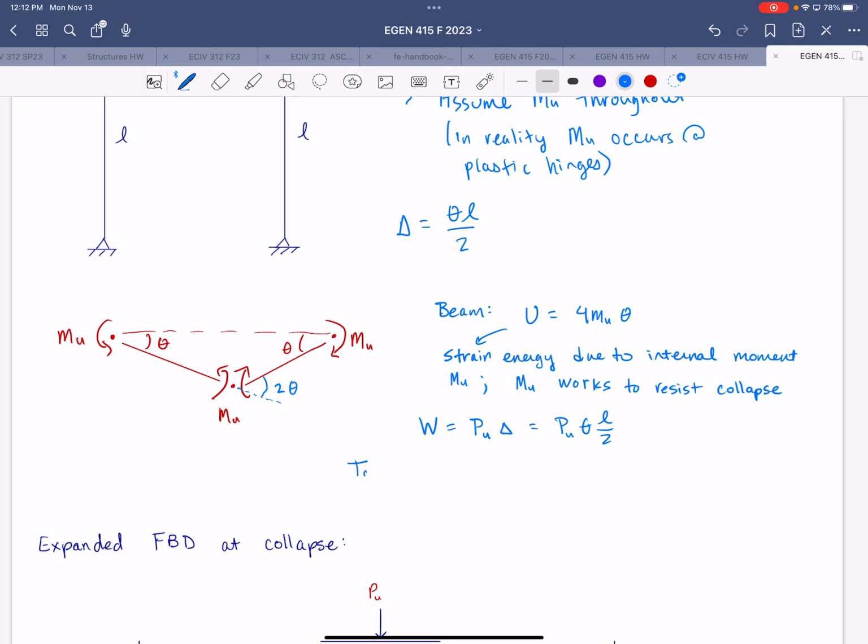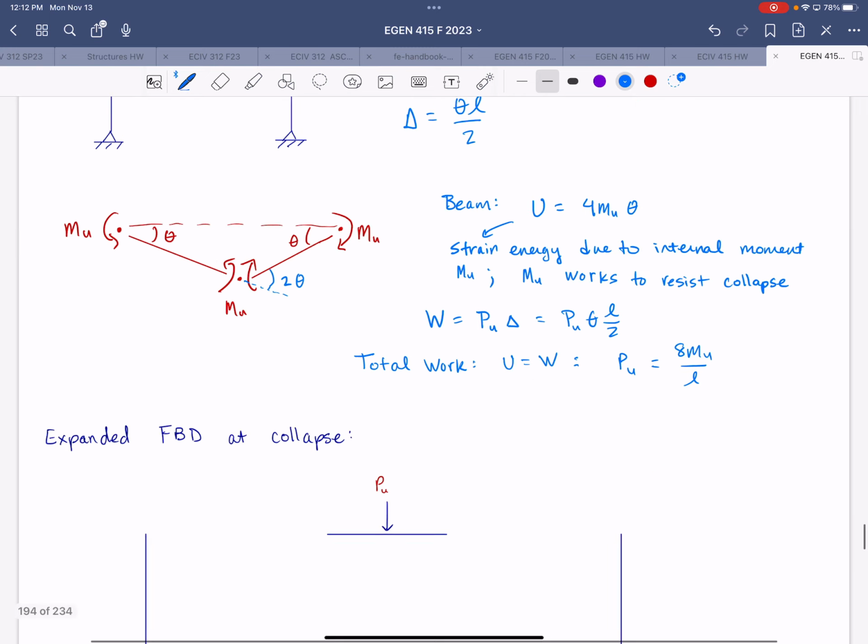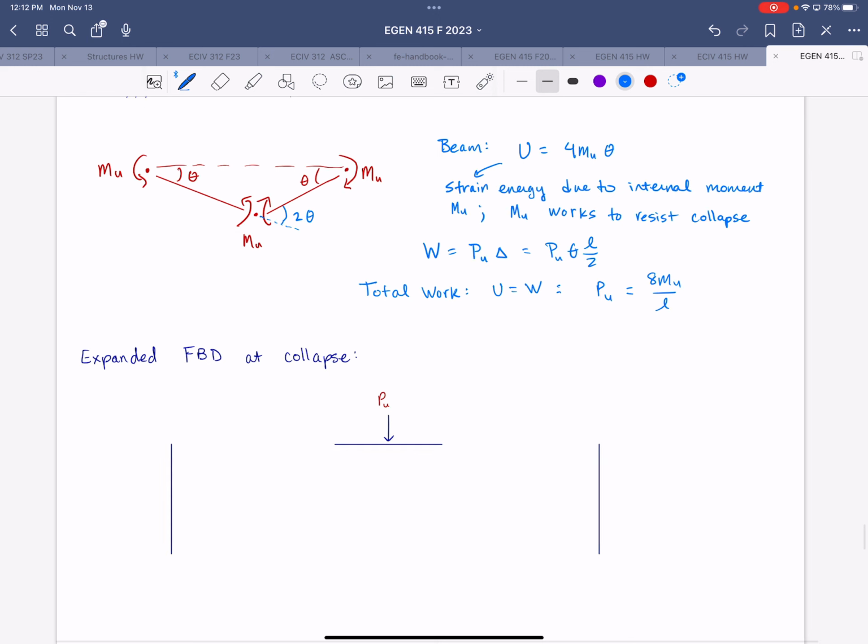So for total work, we set U equal to W. So we get PU is equal to 8 MU over L. So at the condition of collapse for this collapse mechanism, if we draw the expanded free body diagram, we have PU is equal to 8 MU over L.